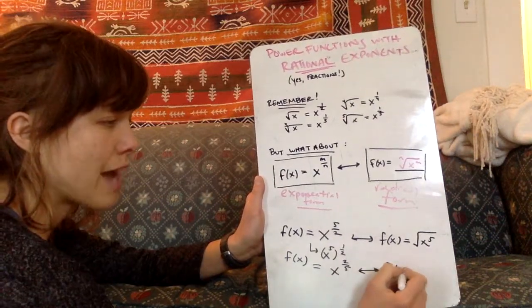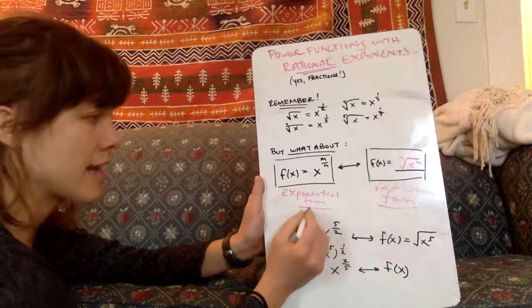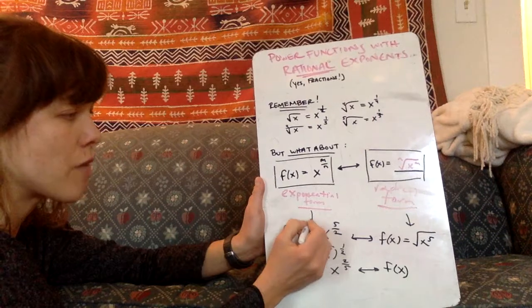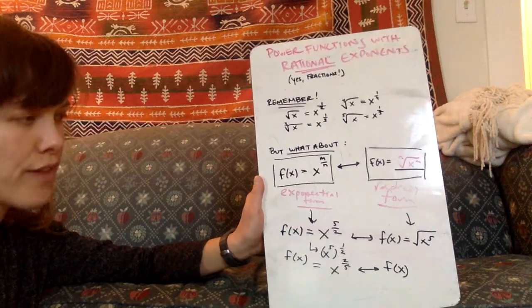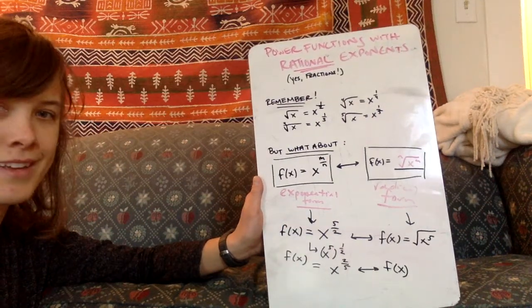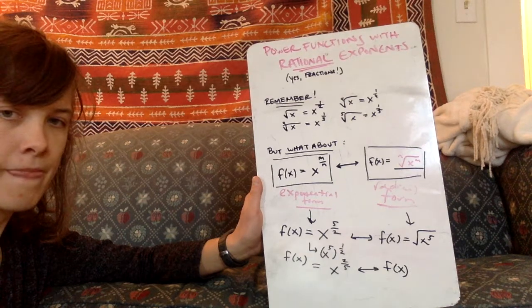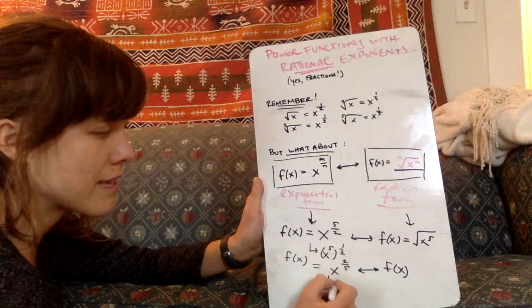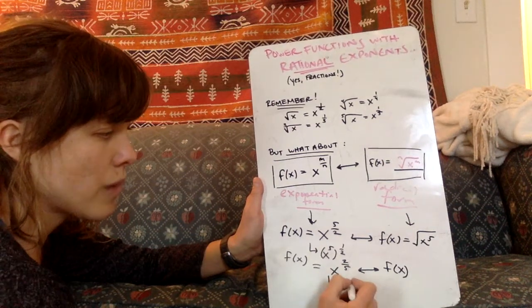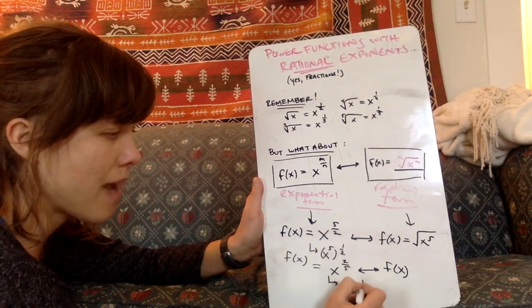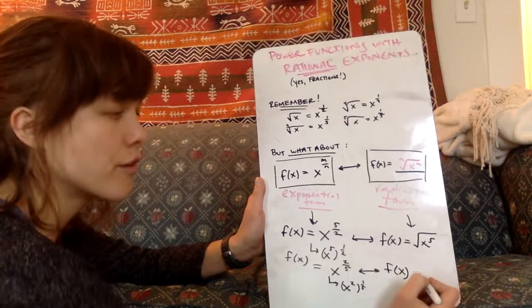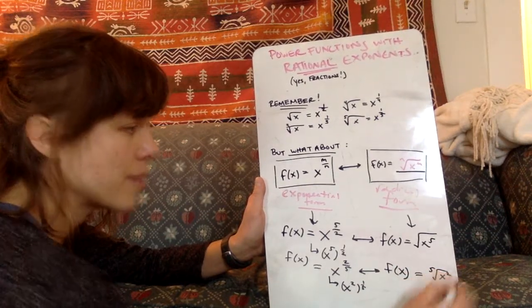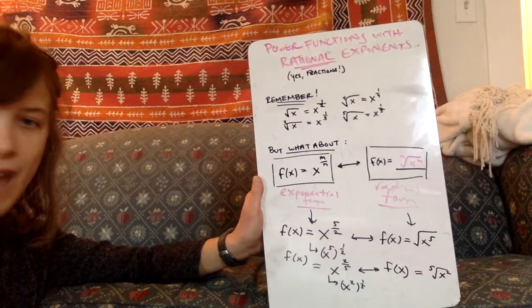So what is my radical form of x to the 2/5? Because I can rewrite this as x squared to the 1/5 power, my radical form will be the fifth root of x squared.